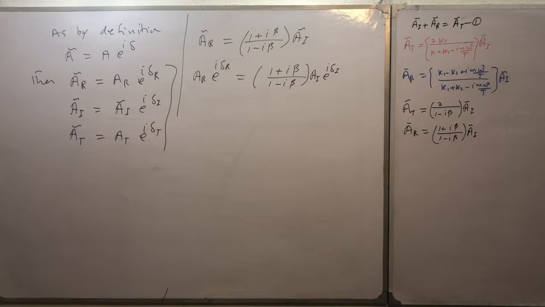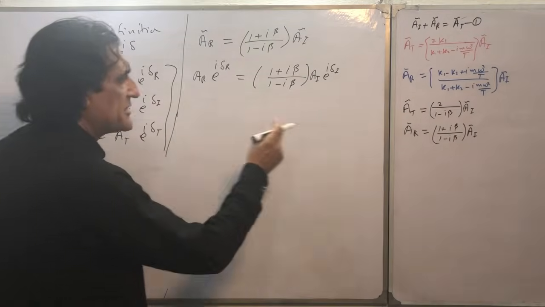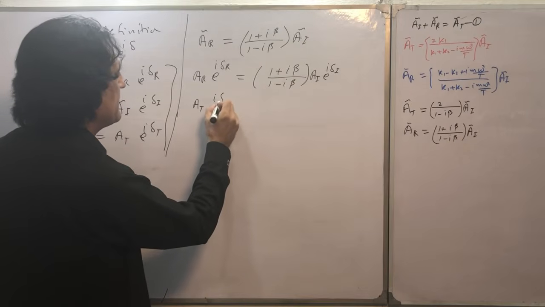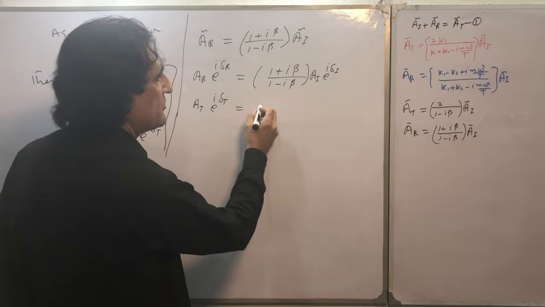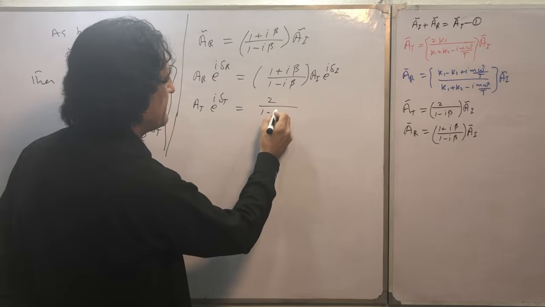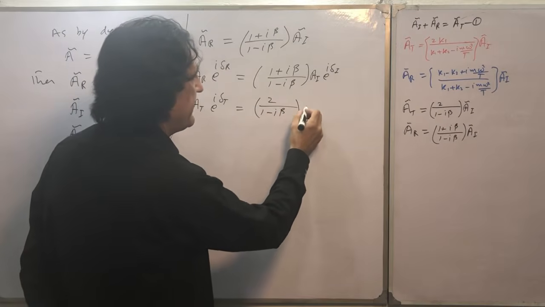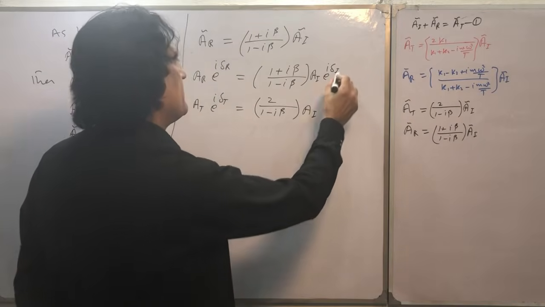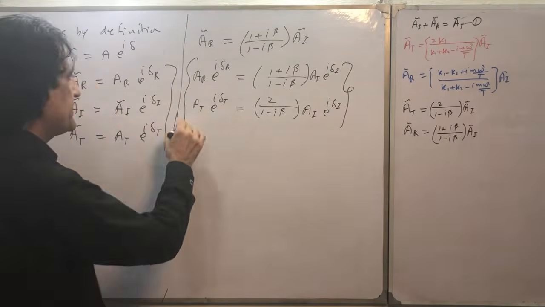And similarly, for the transmission one, AT e to the power iota delta T is equal to 2 divided by 1 minus iota beta, and AI e to the power iota delta I. So we have these two kinds of equations.